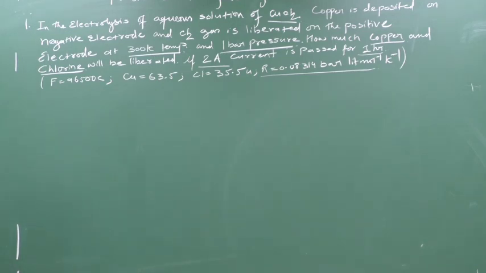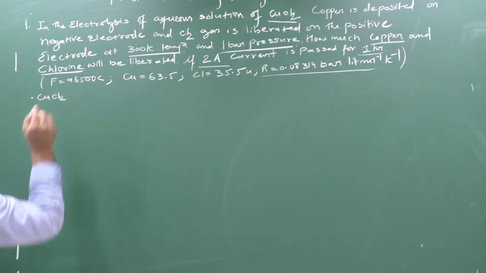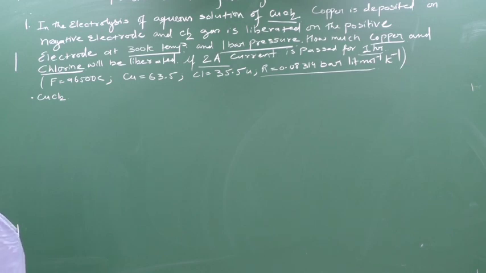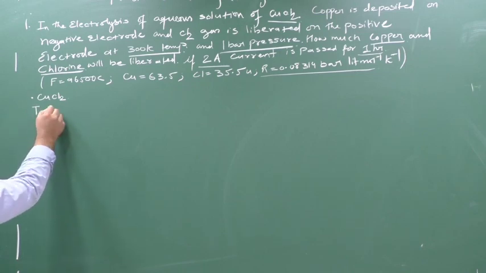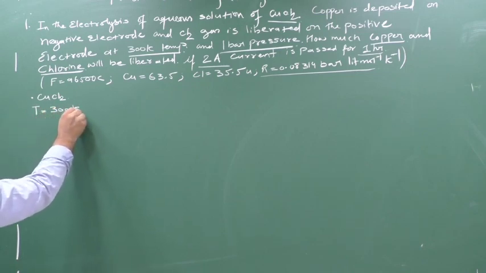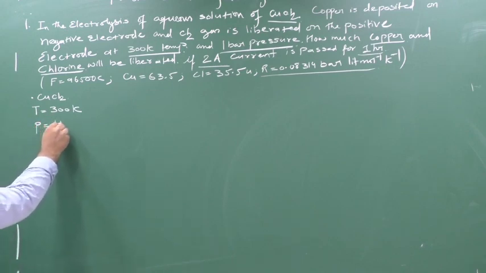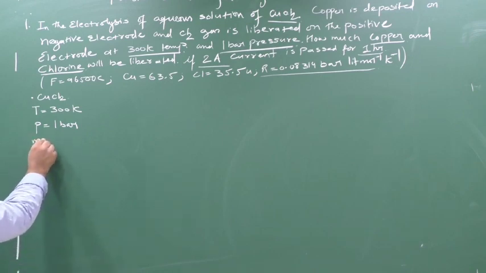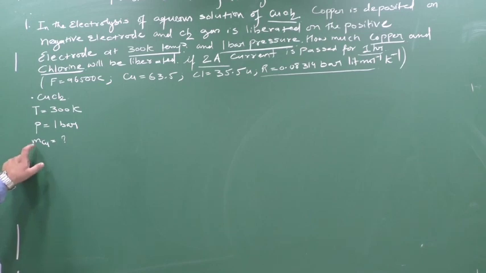So see here, in the electrolysis of an aqueous solution of CuCl2, the electrolyte given is CuCl2. Copper is deposited on the negative electrode and chlorine on the positive electrode at 300 Kelvin temperature, and 1 bar pressure. How much copper, means mass of copper. I told you, copper is a solid, so I have to calculate mass.